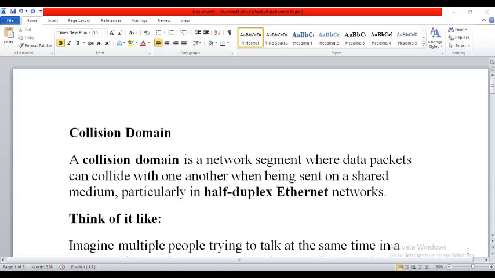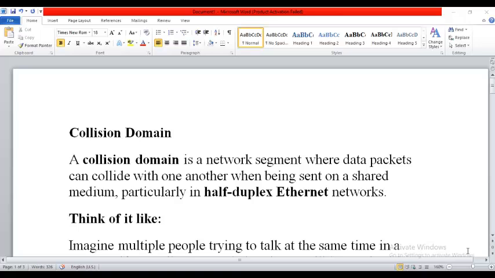So while traffic moves from one device to another device, there are chances of getting collided. Now, how is that collision avoided? That is what collision domain is.